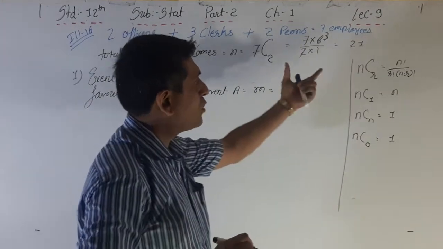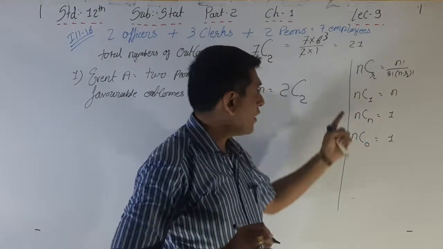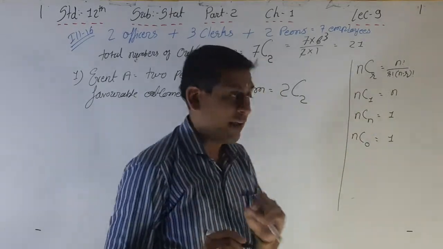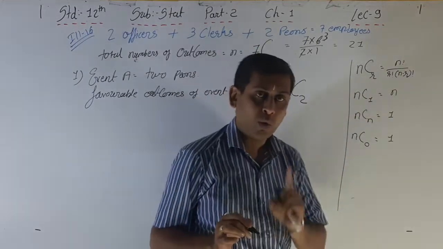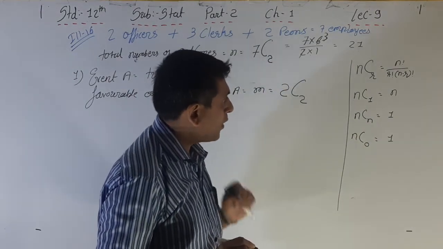So please write down all these shortcuts. nCr is the formula. Now nC1 is equal to n, nCn is equal to 1, and nC0 is also 1.